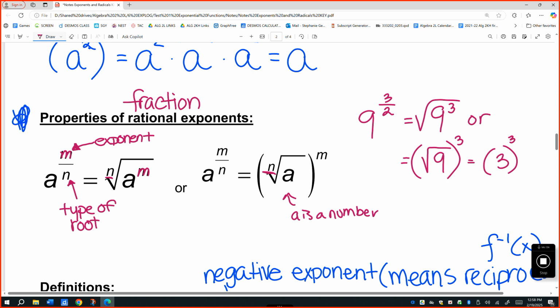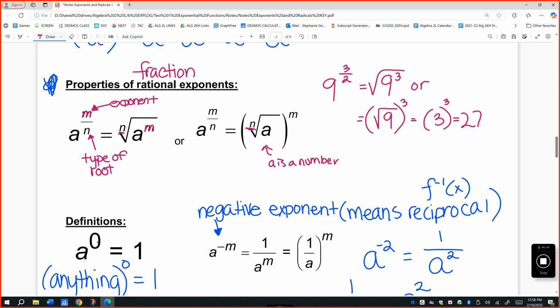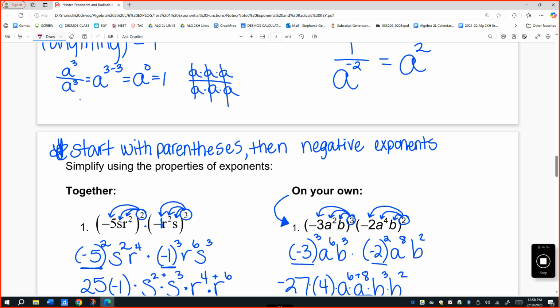And 3 to the 3rd power, 3 times 3 times 3, is 27. Now this first one is 27 as well, but that's harder to figure out, okay? All right.